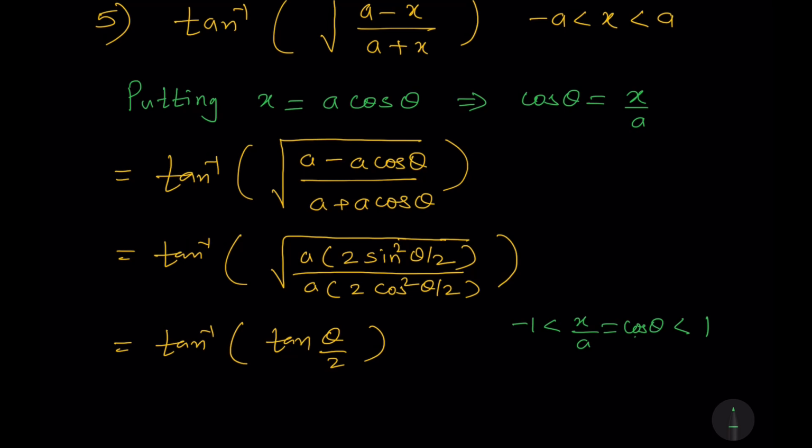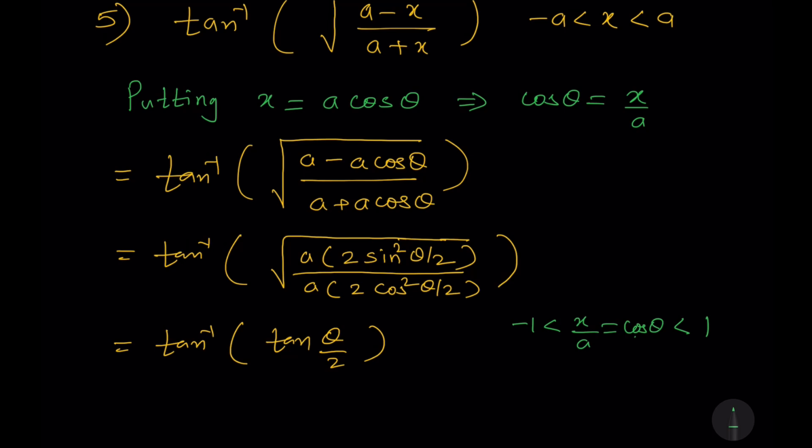So what can you say about theta? Our theta lies between, cos of which angle is 1 and cos of which angle is minus 1. So our theta lies between 0 to pi. Cos 0 is 1 and cos of 180 or cos of pi is minus 1.